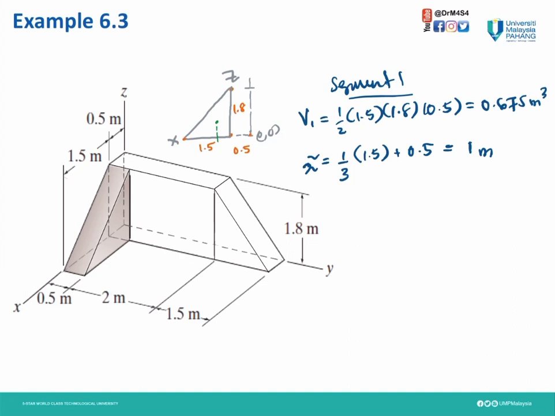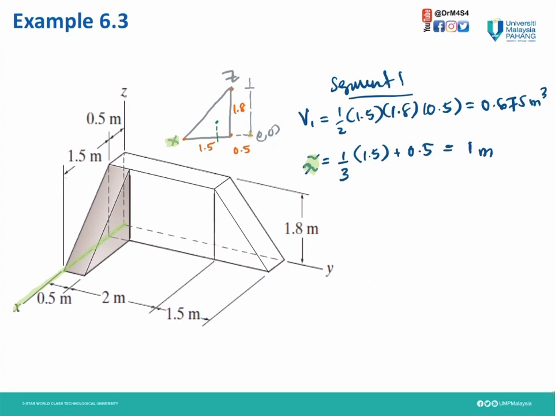So for X bar, we're going to look on the X axis. The coordinate must be taken from the 0, 0 coordinate.